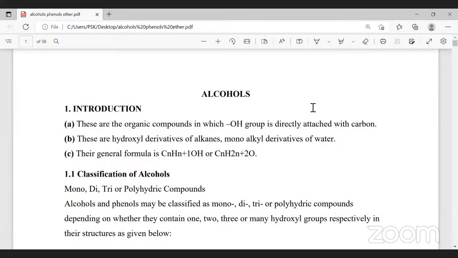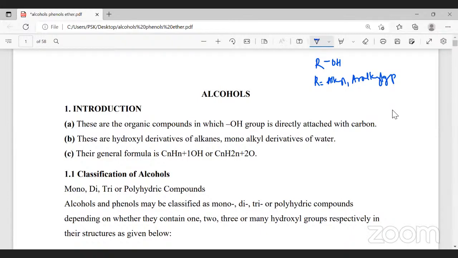If you take an alcohol, the functional group in alcohol is OH. Alcohol is represented as ROH, where R is an alkyl group or aralkyl group. What is this alkyl group or aralkyl group? I will tell you. This is with respect to alcohol.